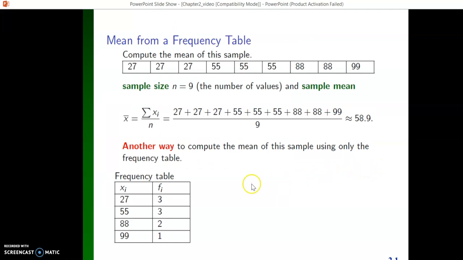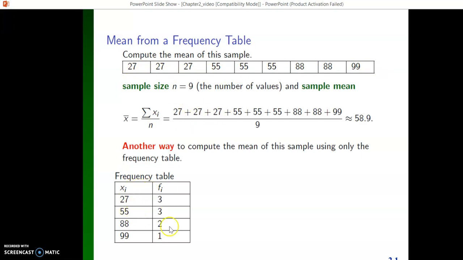So next example, we are done with a single data set. When it comes to a frequency table, you also have to know how to calculate the mean. It is the same way; the only difference is that with single data, you repeat 27 3 times.